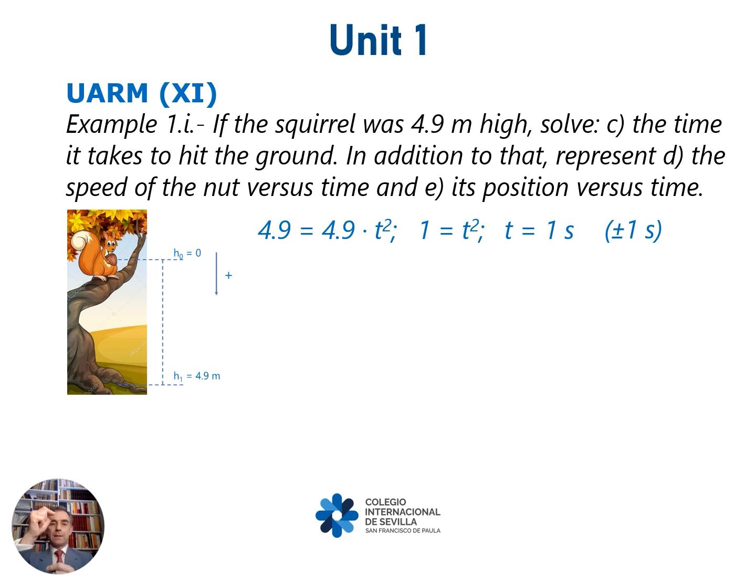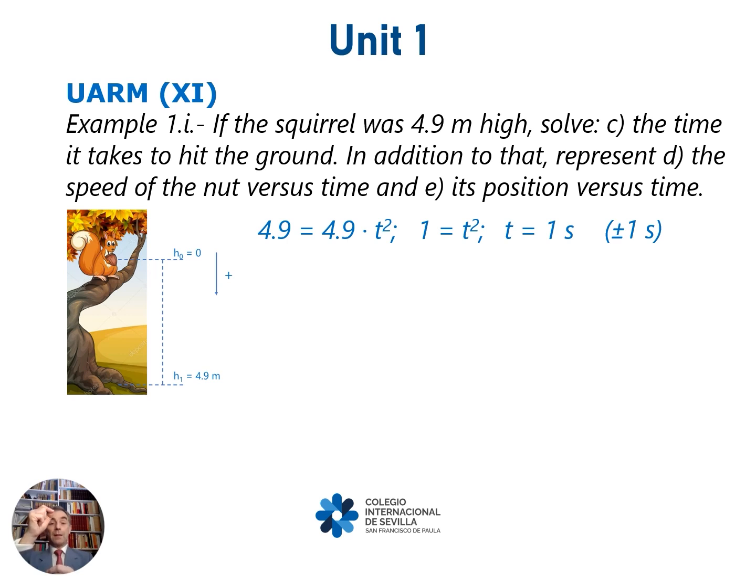Does that make sense? Yes, it does, because Dr. Mathematics does not care it is a nut, and it does not care it was in the hands of a squirrel. Dr. Mathematics is saying that a moving body, whichever, that is at 0 and at rest when the time equals 0 and with a constant acceleration of 9.8 meters per second squared downwards, will be at 4.9 at -1 second and at +1 second.